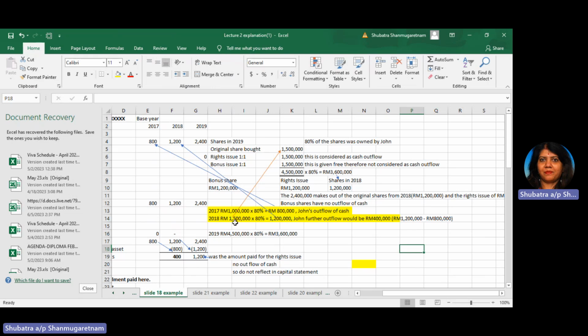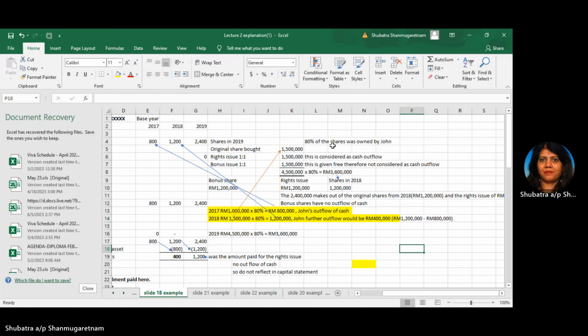Now, they had a rights issue, 1-to-1 share. So for 1.5 million, the rights issue was another 1.5 million. Now, they also had a bonus share, 1-to-1. So based on your original share of 1.5 million, they issued another 1.5 million bonus share, giving you a total of 4.5 million. That is how you got the 4.5 million.